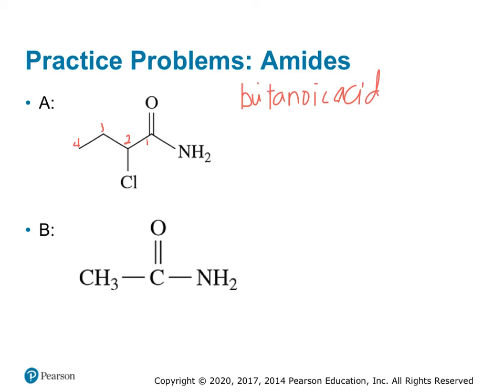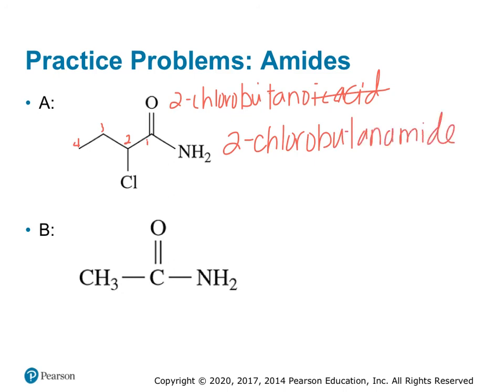So with a 2-chloro. So then we change the IC acid to amide. So this would be a 2-chloro butanamide.